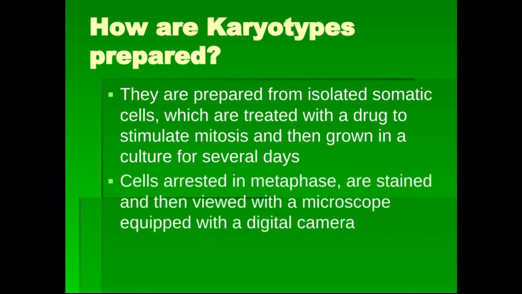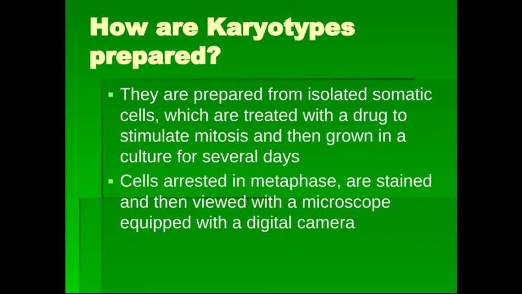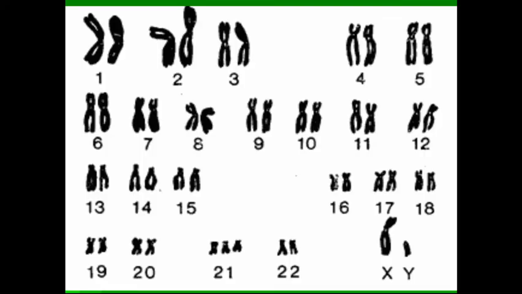Once it's undergoing mitosis, because remember, most of the time it's actually in interphase, you want it to be in that mitosis phase, which doesn't happen for much of the cell cycle. But once they start going into mitosis, then they can be stopped in metaphase, and then they stain them. And that's what you saw here, is that they're kind of lined up in metaphase right now.